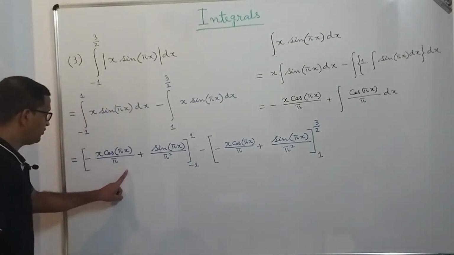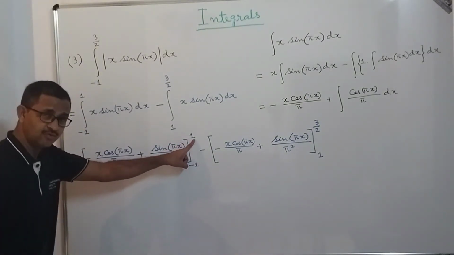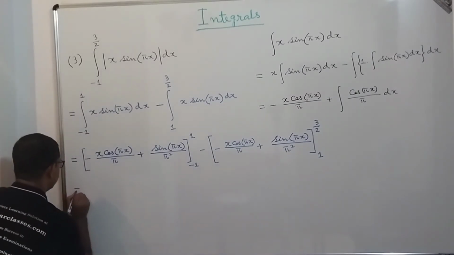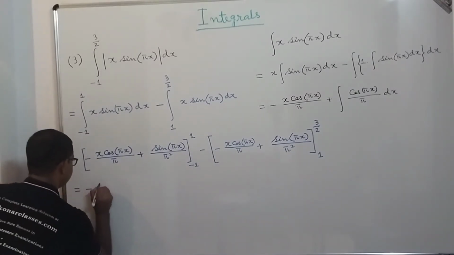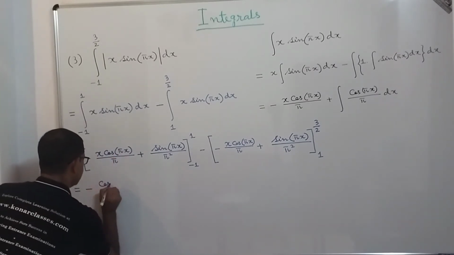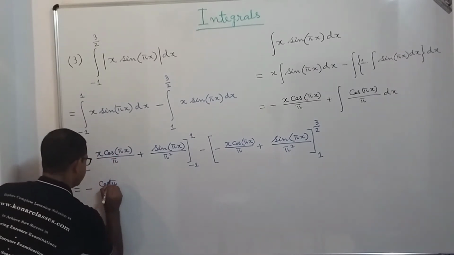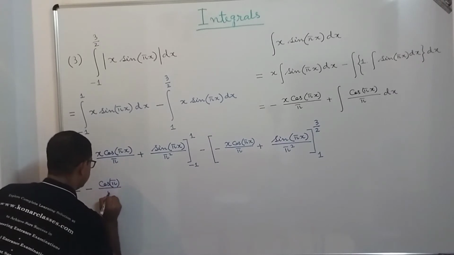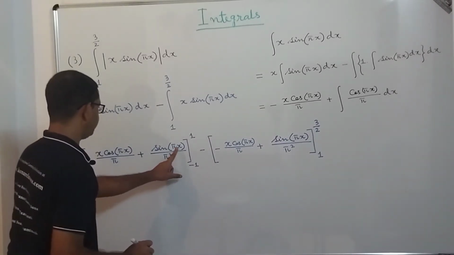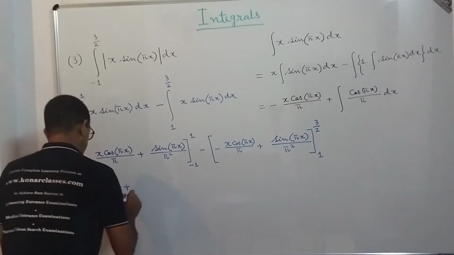So first what you will do, dear students, first we will apply the value of x as 1. So what we are going to get here is minus 1 into cos pi into 1, that means cos pi divided by pi plus sin pi divided by pi square.